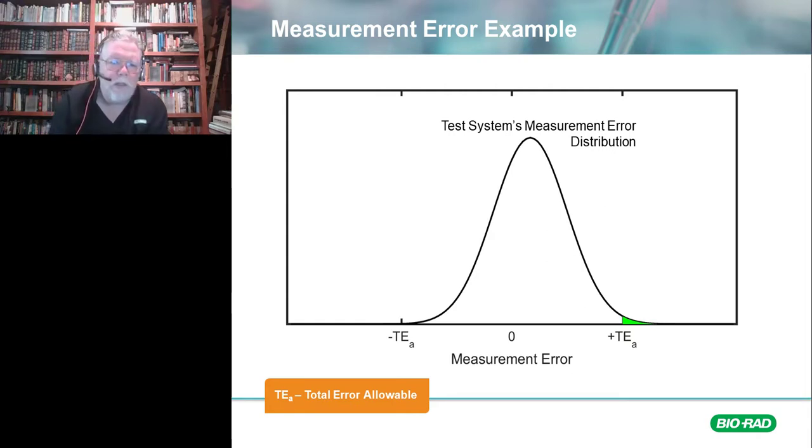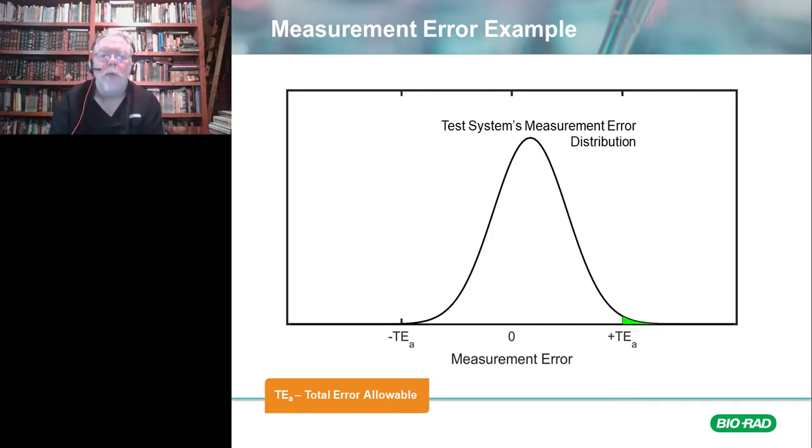In this depiction, we have the limits set by the total allowable error: the lower limit and the upper limit.